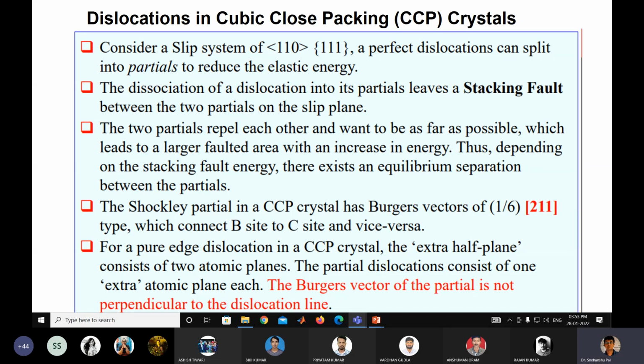Now, the Shockley partial in a close-packed or FCC crystal has a Burgers vector of 1/6 <211> type, which connects B site to C site and vice versa. For a close-packed FCC crystal, you should remember the proper stacking is ABC, ABC.